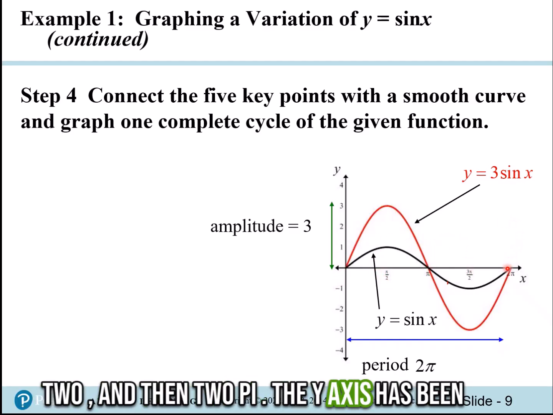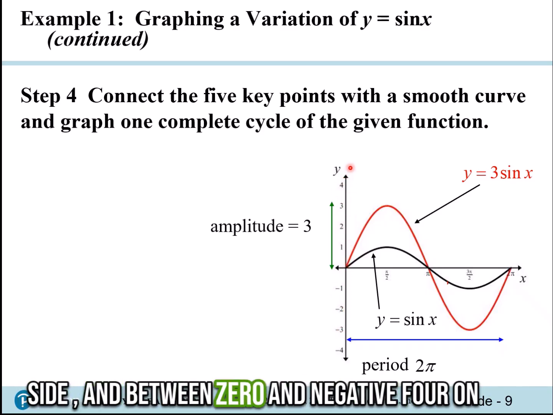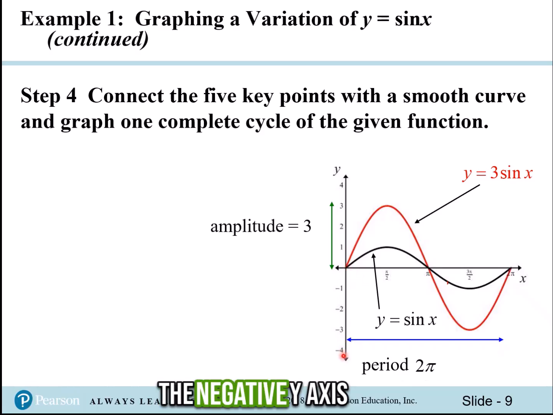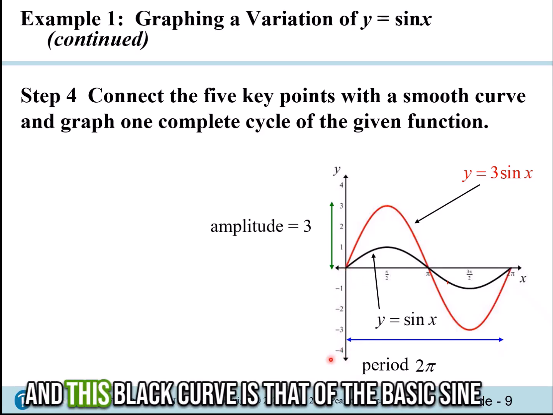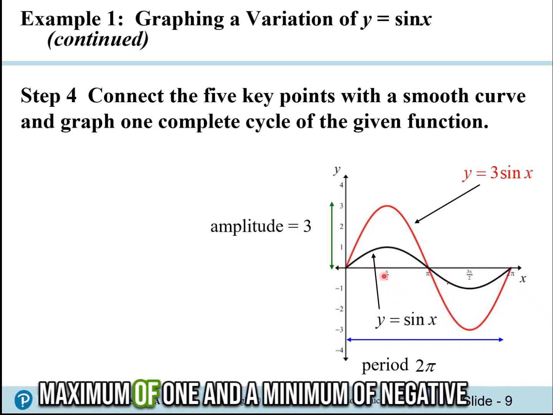The y-axis has been scaled between 0 and 4 on the positive side and between 0 and -4 on the negative y-axis, and this black curve is that of the basic sine function, and that extends along the y-axis to a maximum of 1 and a minimum of -1.